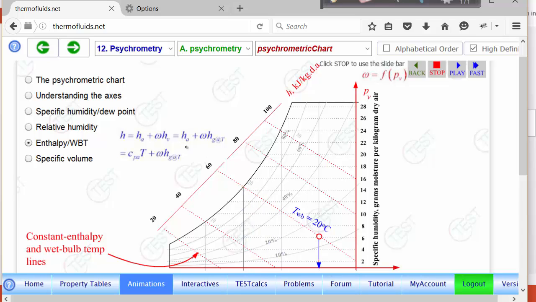Because of lack of time, I won't derive it, but if you follow this equation, you can show that the slope will be negative, just like specific volume. So if you know a given state, you can read off the enthalpy from this chart. Just for the sake of completeness, let me show the actual chart, how it looks.